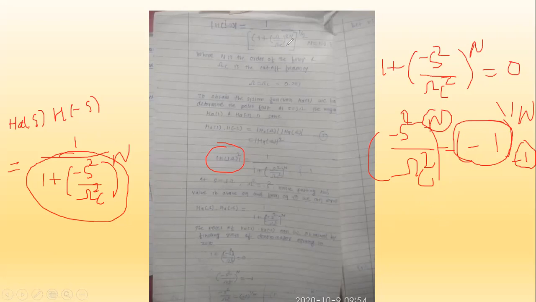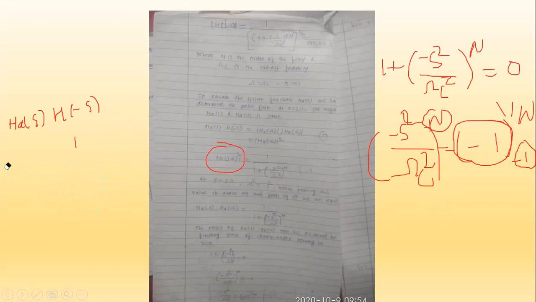Now let us consider e raised to j 2k plus 1 into pi.